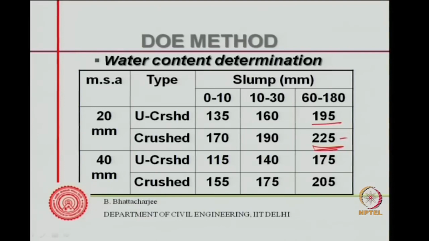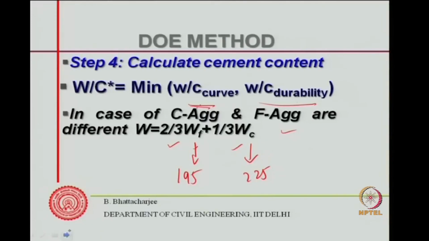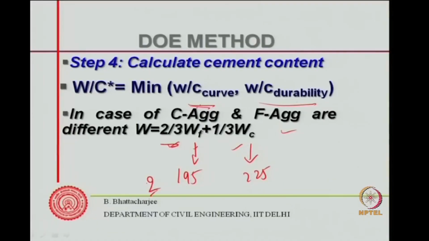So if my coarse aggregate is crushed and fine aggregate is uncrushed, then the water content of the mix will be 2/3 of 195 and 1/3 of 225, which will work out to be 130 plus 75, which will make it 205 kg per meter cube.